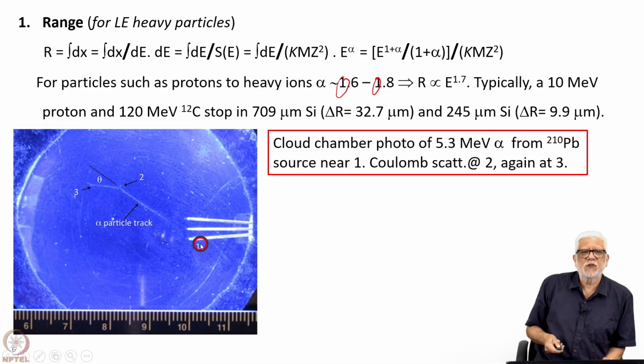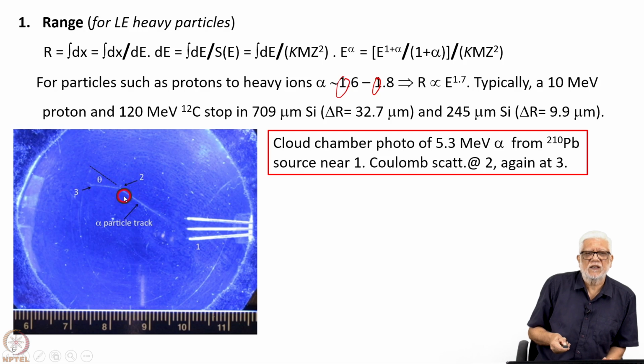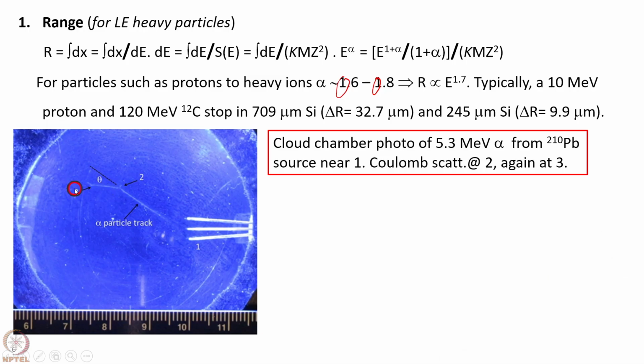So, it actually starts out somewhere here, it propagates in the cloud chamber, then there is a scattering at 2 and then again at 3. So, this is roughly the range of this alpha particle. Okay. Of course, you have to take into account the fact that it has lost a little bit of energy through collision here. Okay.